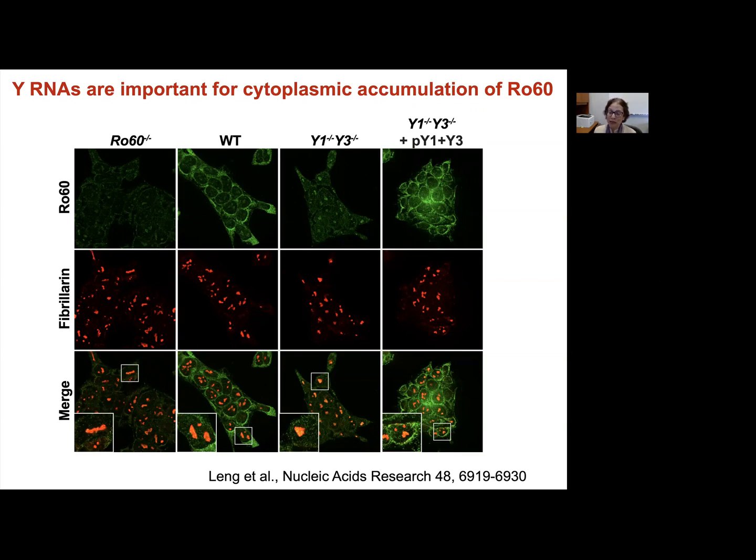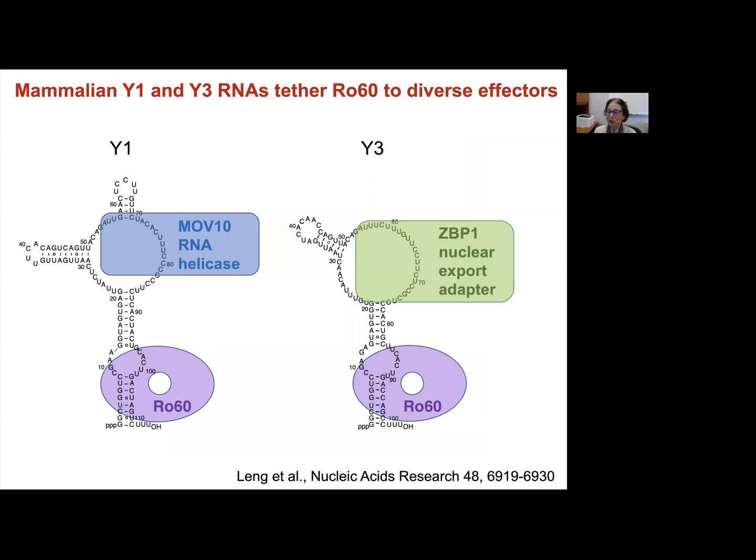She also showed that, similar to bacteria, Y-RNAs tether Rho60 to effector proteins in mammalian cells. She found that several proteins reproducibly co-purify with Rho60 from these cells. These proteins include MOV10, an RNA helicase implicated in structured RNA degradation, and ZBP1, an RNA binding protein that adapts the Rho60-Y3 complex for nuclear export.